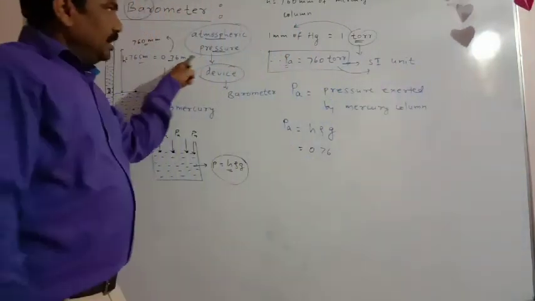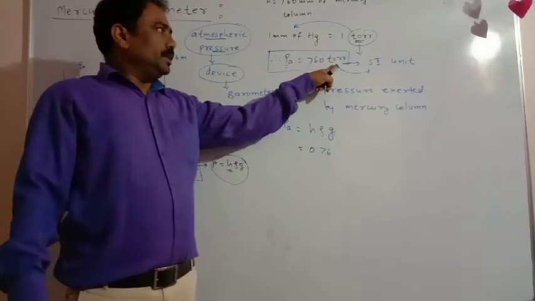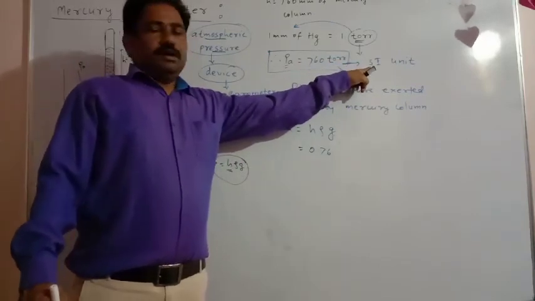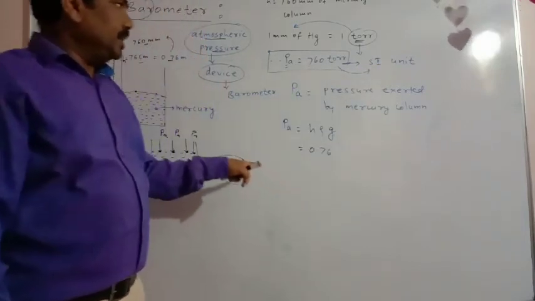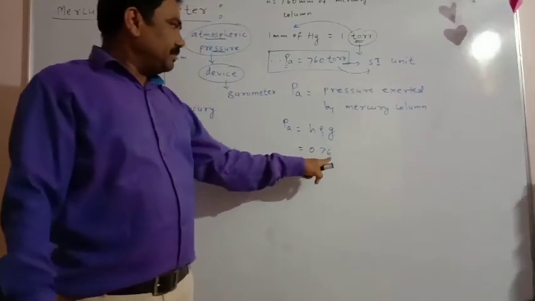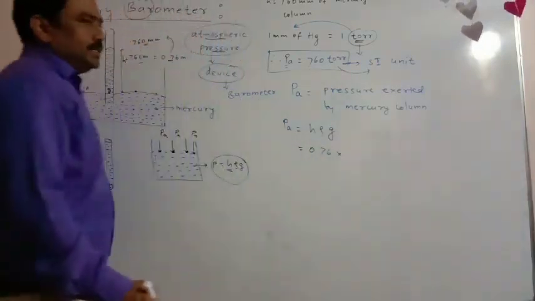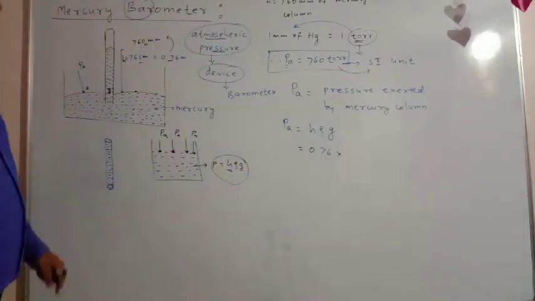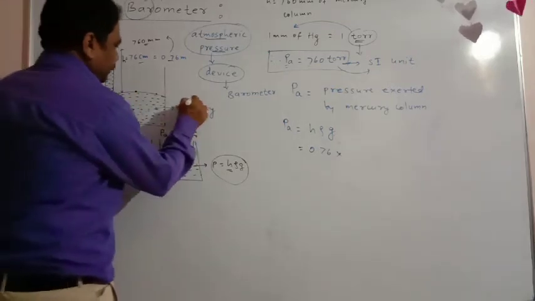So atmospheric pressure is equal to, converting into SI units, h equal to 0.76, into rho. Rho stands for density, the density of this liquid, and the liquid is mercury.